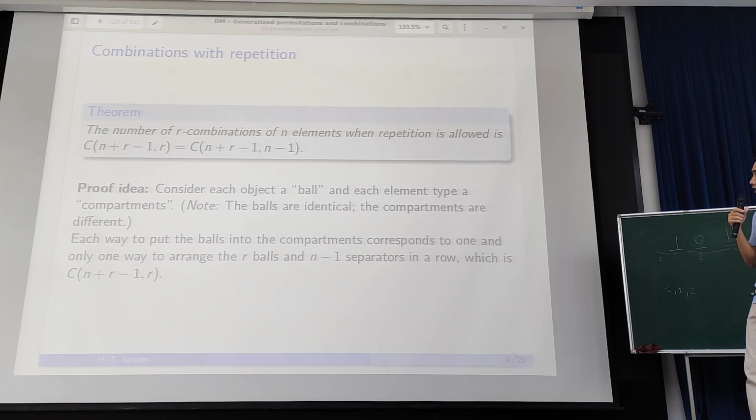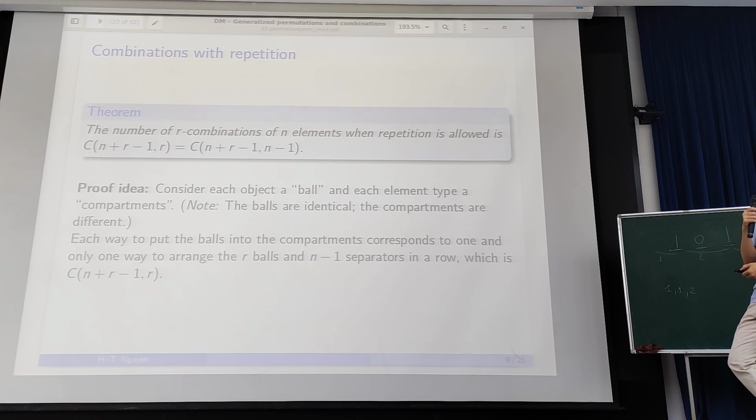Okay? And so now I will tell you in terms of boxes and balls. If you want to put R identical balls into N different labeled or numbered boxes, then the number of ways is this one.